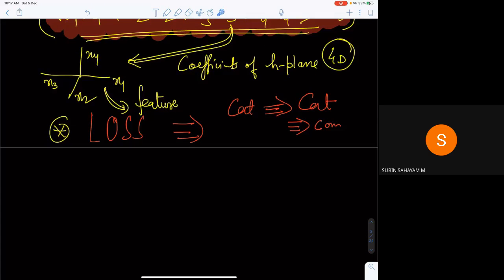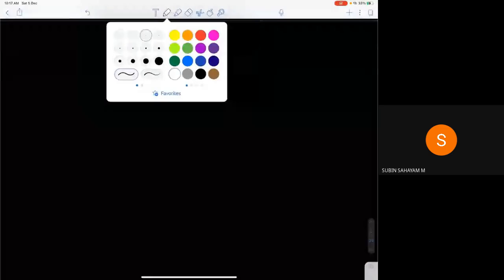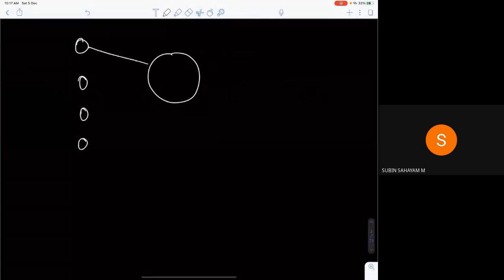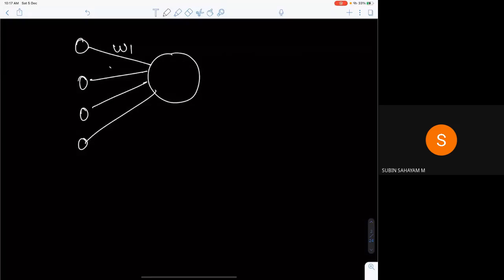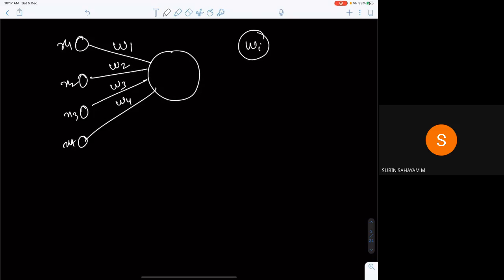Okay, so let us go and talk about the next section. What I have just covered is how one neuron is going to learn. One neuron sees the input and tries to learn different weights, W1, W2, W3, and W4, so that over the whole training data, with X1, X2, X3, and X4, the four features that we have, I can come up with these Wi which can differentiate all of my training data into its correct class.